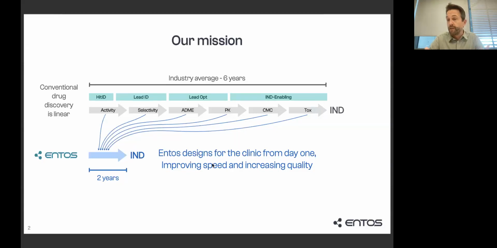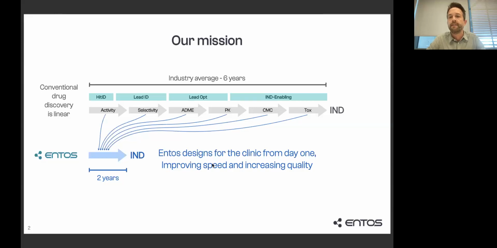And one of the broad sweeping strategies that we employ is to try to take things that would normally be tackled in sequence, things that would normally be decomposed into stages like hit ID, lead optimization, and to, as much as possible, not deal with those in sequence, but to tackle those through parallel consideration as early as possible.